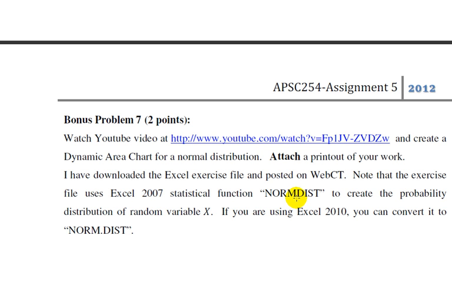You just change the number for x, and you get a dynamic area underneath the chart. These are very useful, nifty tips and tricks for using Excel. So take a look at that, and there's a bonus point there.